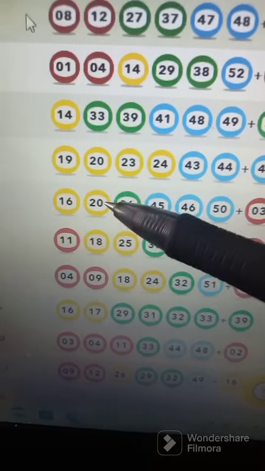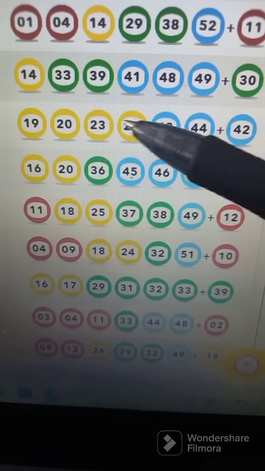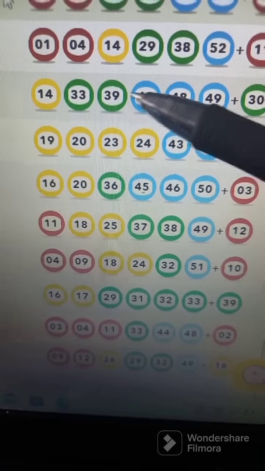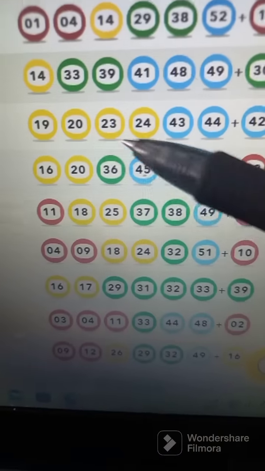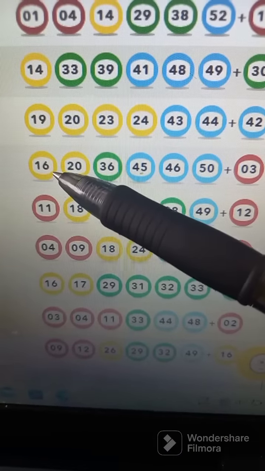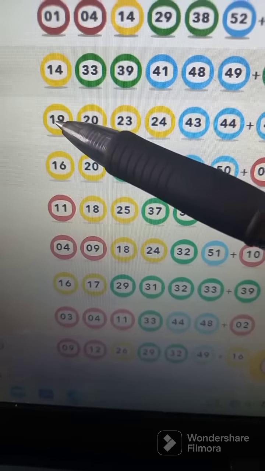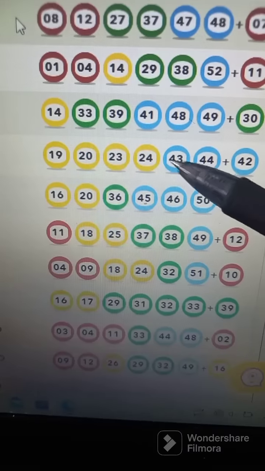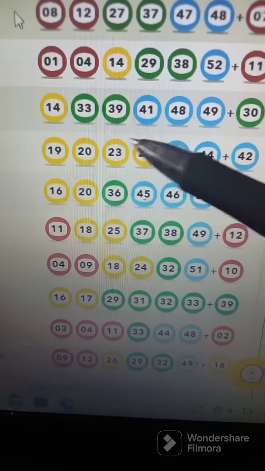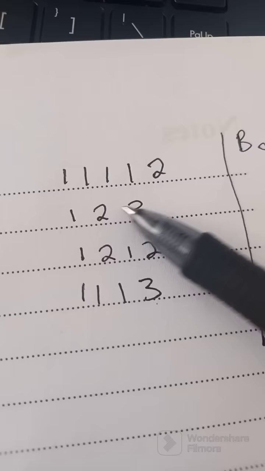So then they took 43 and 42 from the same group. So this week and this week, they used the same sequencing. This is 1, and this is 3, and 2. So they used the 3, 2, 1, or 1, 2, 3, which is the same one.